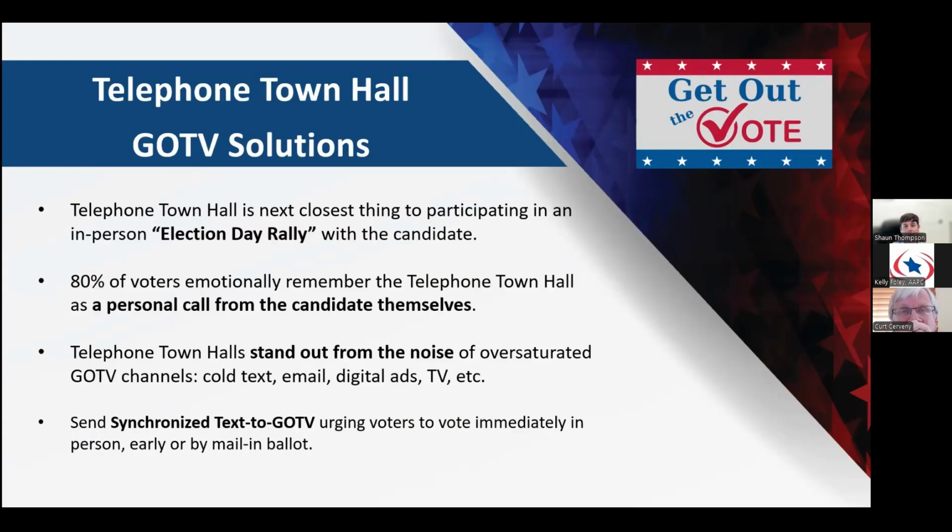So they're repeating it, and we make sure that everybody gets one full reading of that GOTV script. So you could literally have, let's say, 2,000 people listening to that script at once. And that's how the scalability works. So maybe the candidate reads the script for 5 minutes, 7 minutes, on repeat. But again, everybody's getting one full reading of the message.